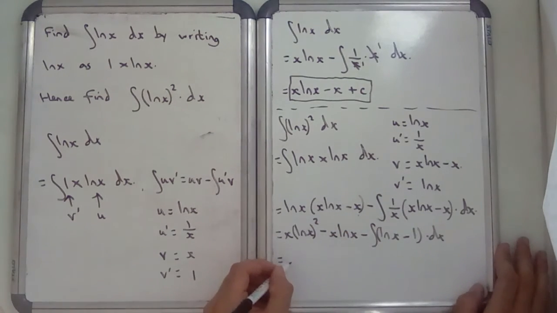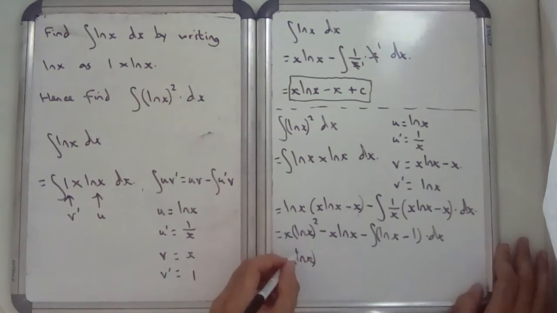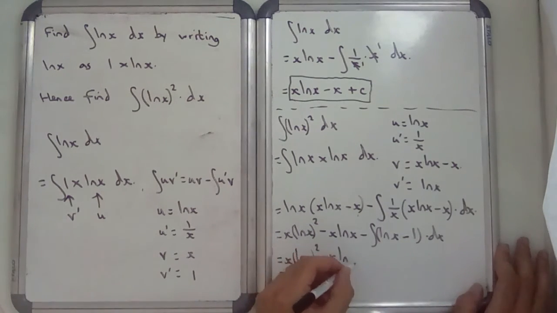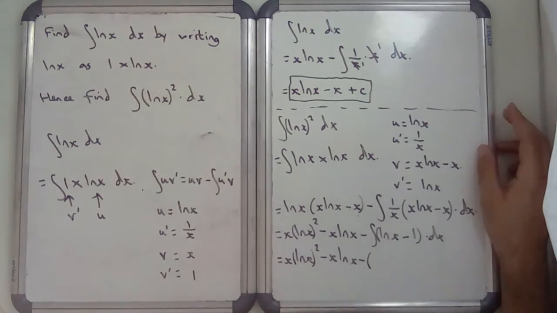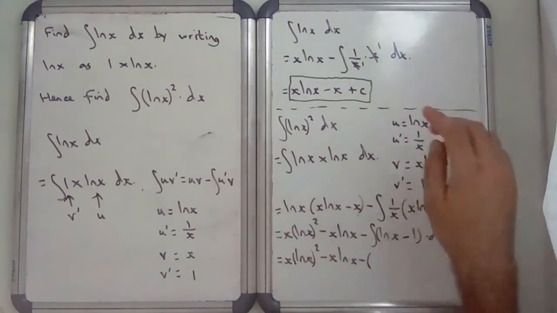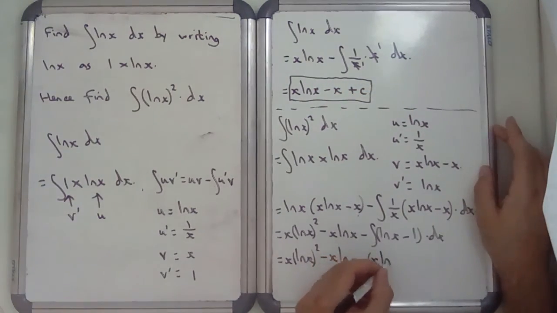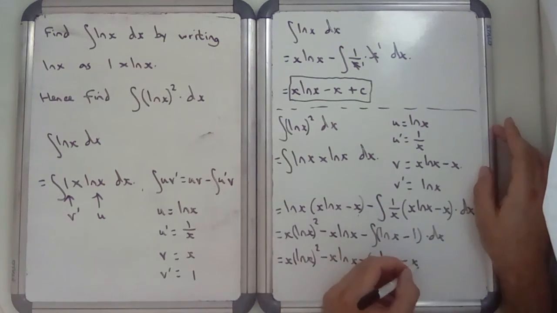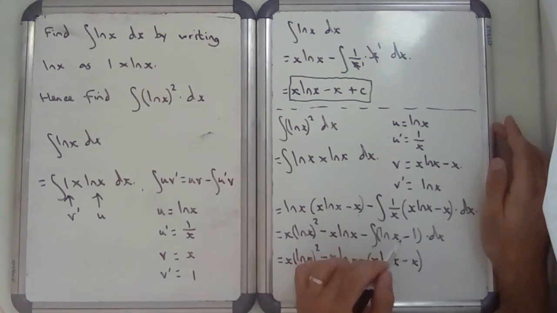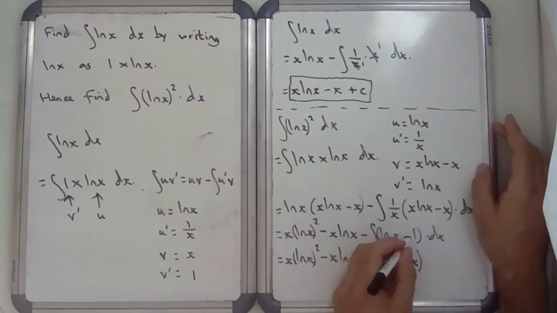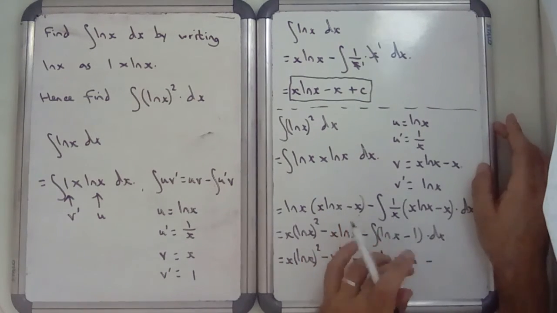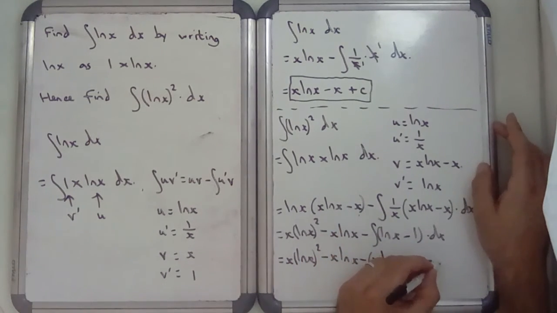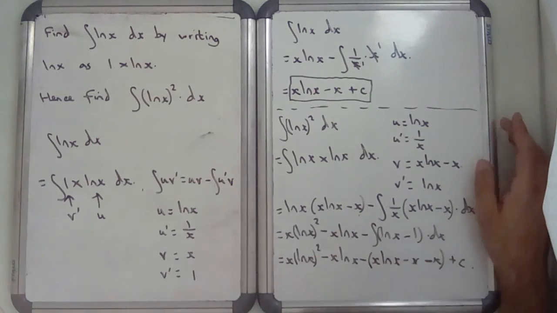So we've got x ln x squared minus x ln x minus, well, the integral of ln x, which we have from before, is x ln x minus x, and then the integral of minus 1 with respect to x must be minus x, plus the constant of integration.